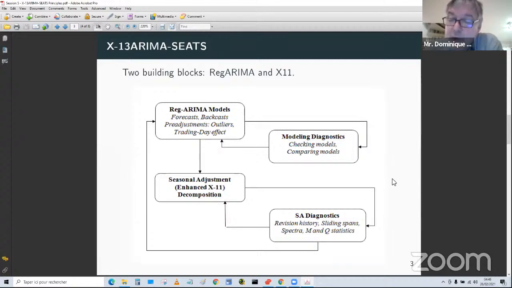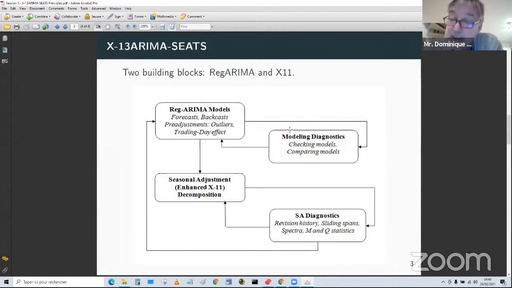But there is a huge, huge, huge difference between the 2. Without the ARIMA model that you are going to detect and estimate in the first part, TRAMO-SEATS cannot work. So TRAMO-SEATS is based on the ARIMA model that will be detected.